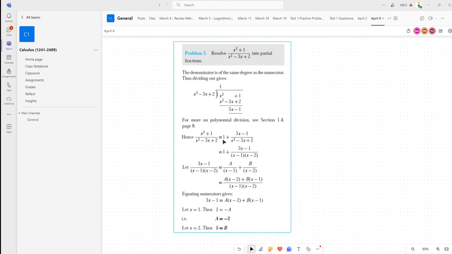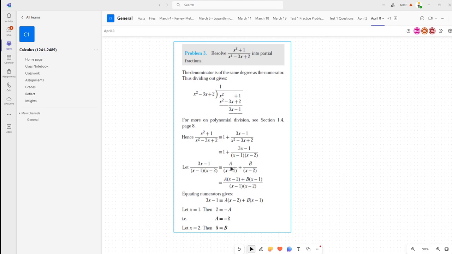If you follow along here, after we have this 1 plus, we go through the same process of figuring out what A and B are. So you can see here, we start with this, 1 plus 3x minus 1. We factorize the bottom, x squared minus 3x plus 2. We know that's x minus 1 and x minus 2. We did that at the very beginning.